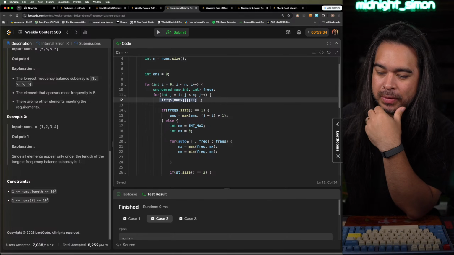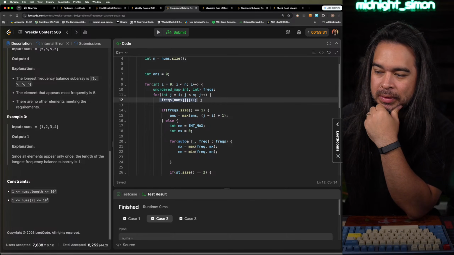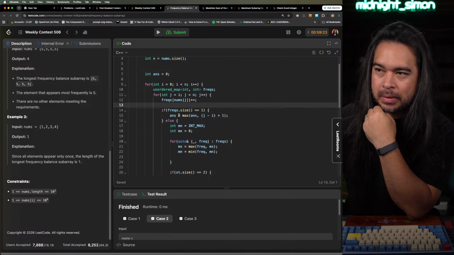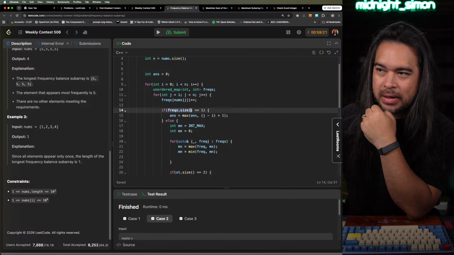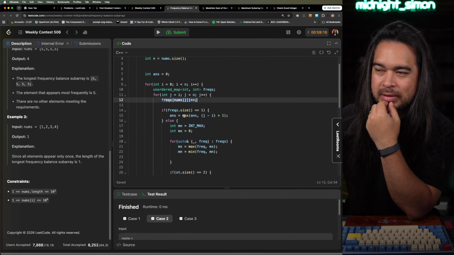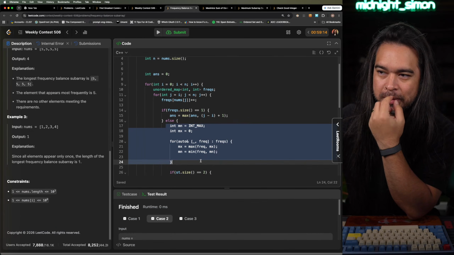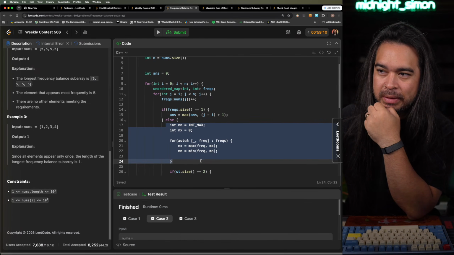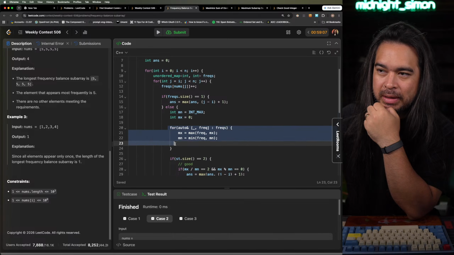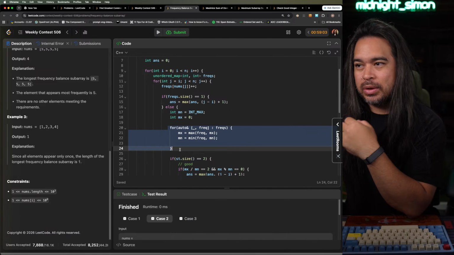So I get my frequencies. If it's size 1, that. If it's larger than 1, then I need to see how many distinct frequency values we actually have. Maybe iterating through it one more time is not the best way to go about that.